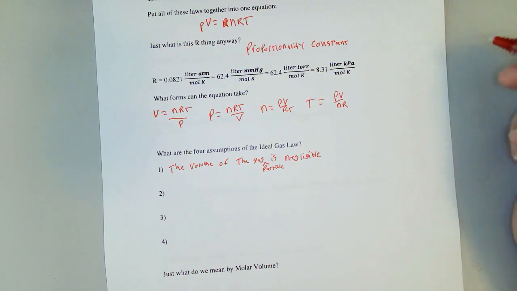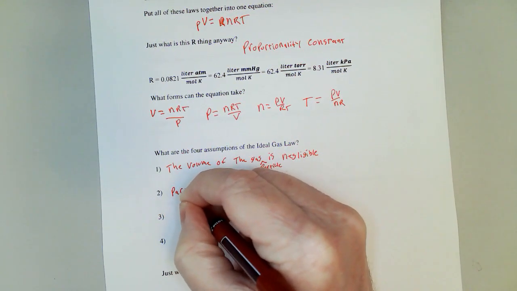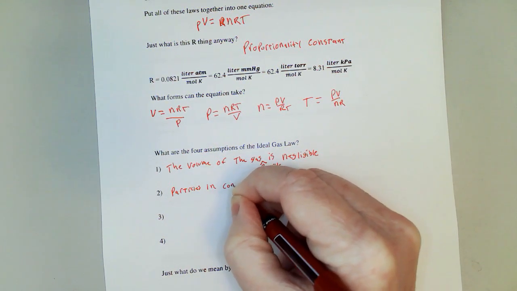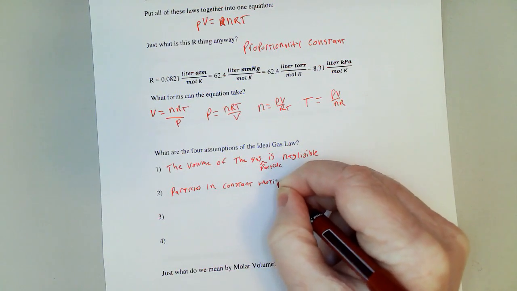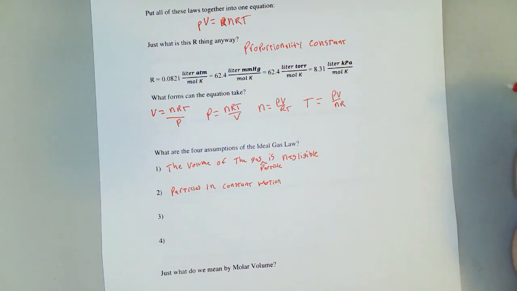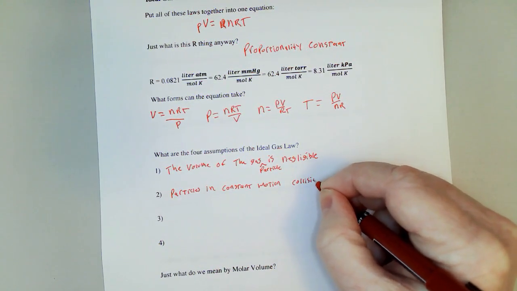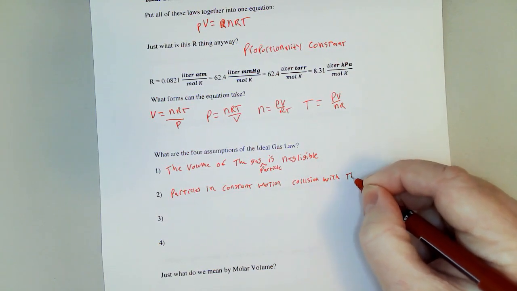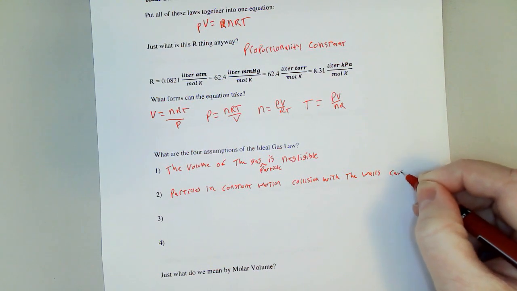All right. Now, second thing, the particles are in constant motion. And we can even say it's a linear motion, and their collisions with the walls cause pressure.